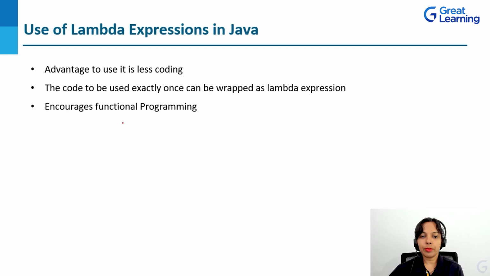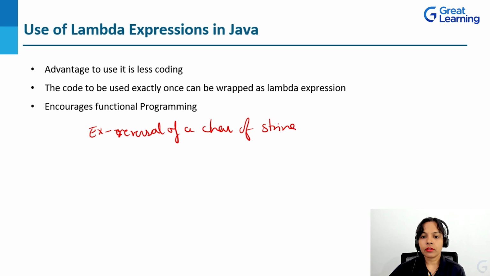Suppose I take an example of reversal of the characters of a string. In that case, I'll have a piece of code that is going to reverse the characters, right? Now, this can be included inside a method, suppose a method M1.